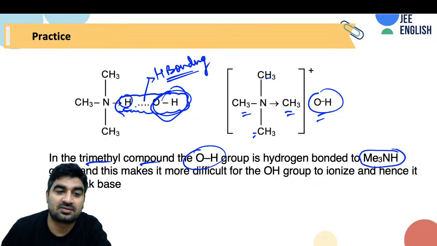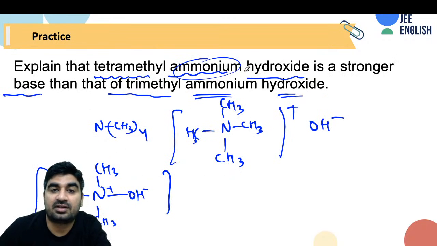So here it becomes difficult to remove it, but here it is almost free. So what does it say? Again read it: tetramethylammonium hydroxide is a stronger base.